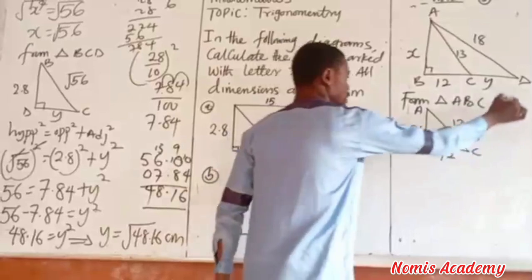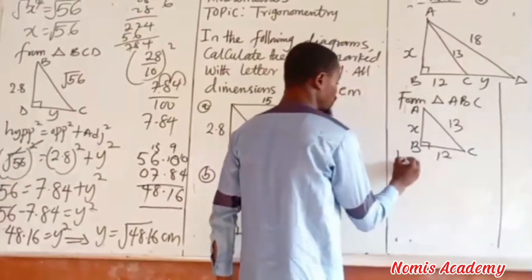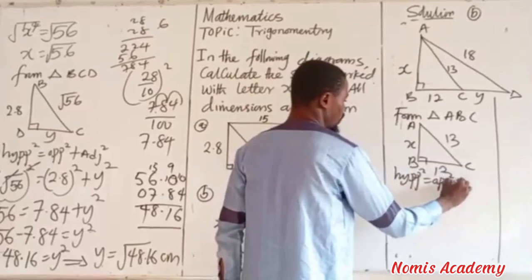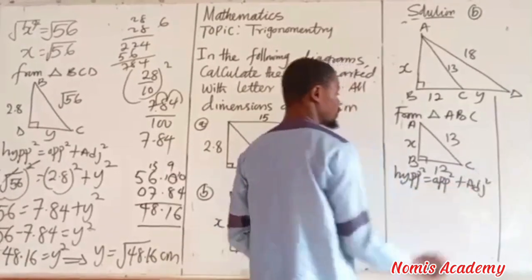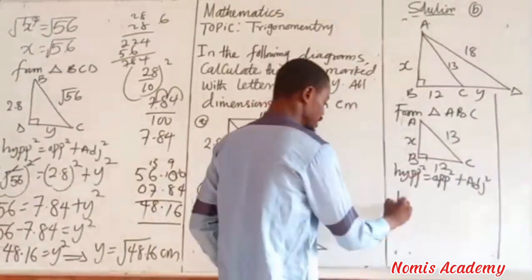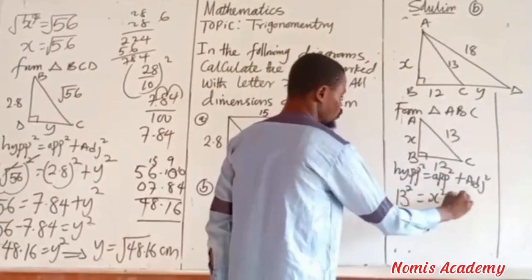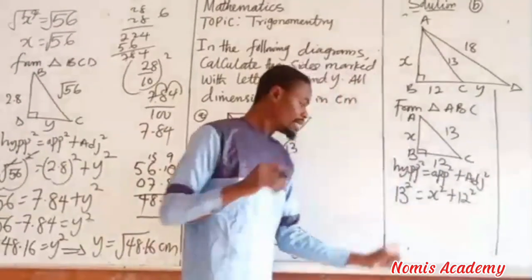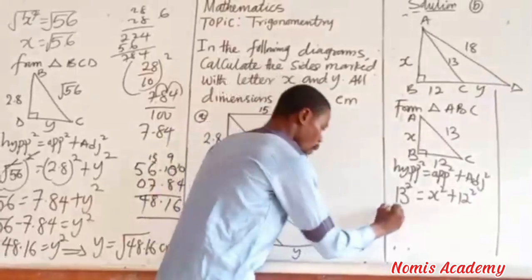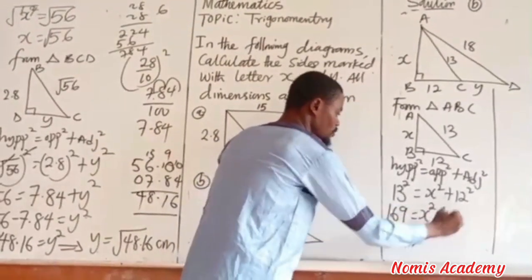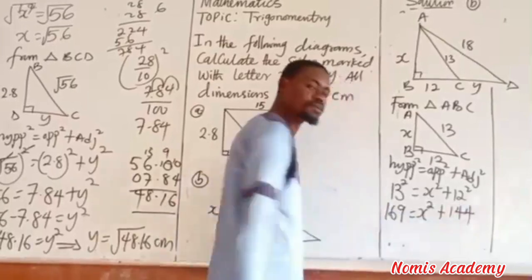Using Pythagoras theorem, we have hypotenuse squared is equal to opposite squared plus adjacent squared. Hypotenuse is now 13, so 13 squared is equal to opposite, which is S squared, plus 12 squared. 13 times 13 is what? 169 is equal to S squared plus 12 times 12, which is 144.